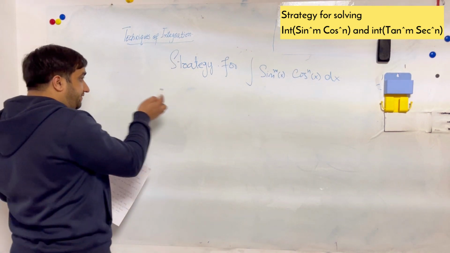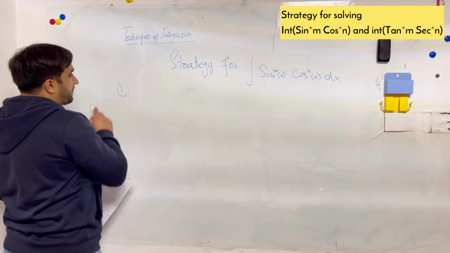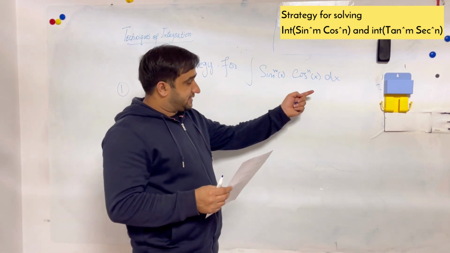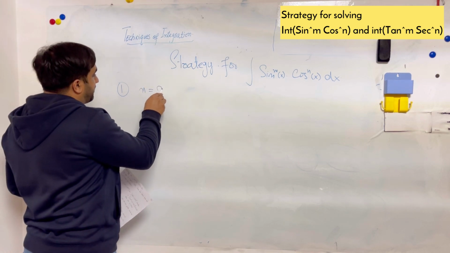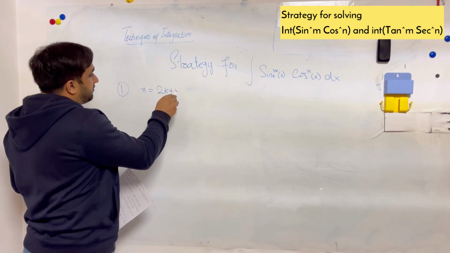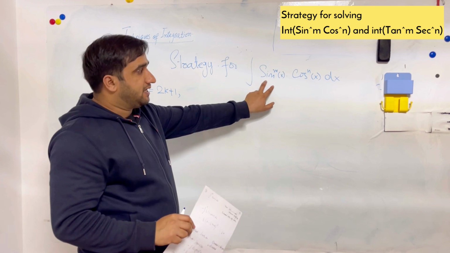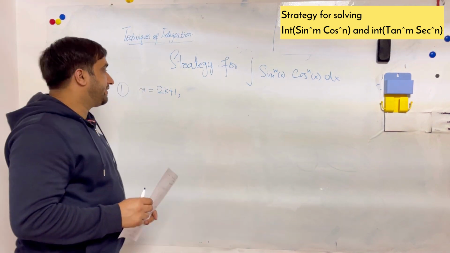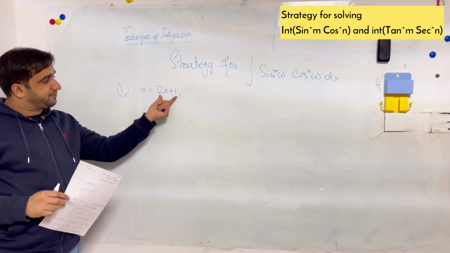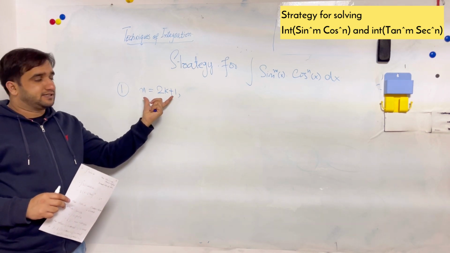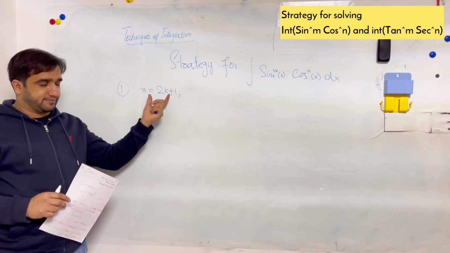Now, if the power of cos, which is n, is an odd power, whatever the power of sine is, like 2k plus 1, we use this expression in mathematics to represent an odd number.